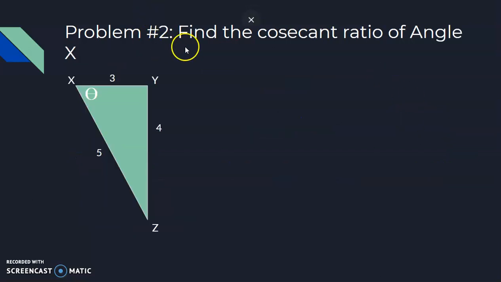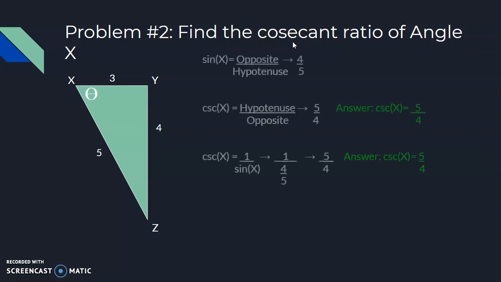For problem number 2, find the cosecant ratio of angle X. I know that cosecant has a relationship with sine, so first I found sine. Sine of angle X is equal to the opposite over hypotenuse. So I know my opposite side from angle X is 4, and my hypotenuse is 5, which got me 4 over 5.